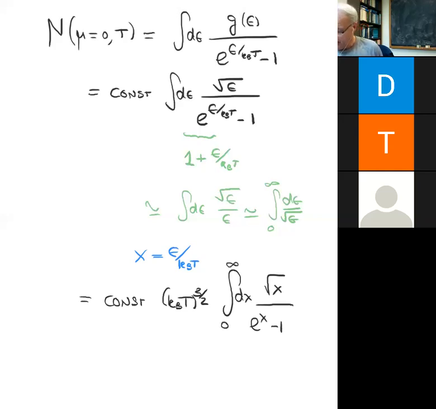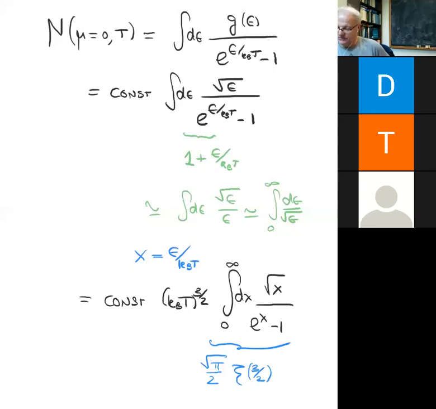That turns out to be an integral that if you punch it into Mathematica, it'll just spit out an answer, or you can look it up. This integral is equal to, I think, root pi over 2 times the zeta function of 3/2, which is just some number that I cannot recall.